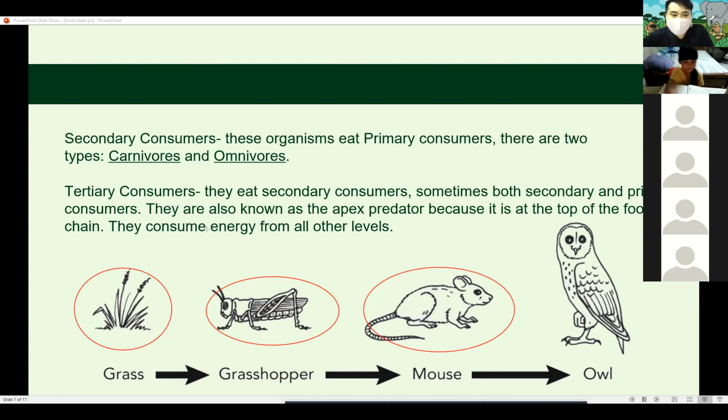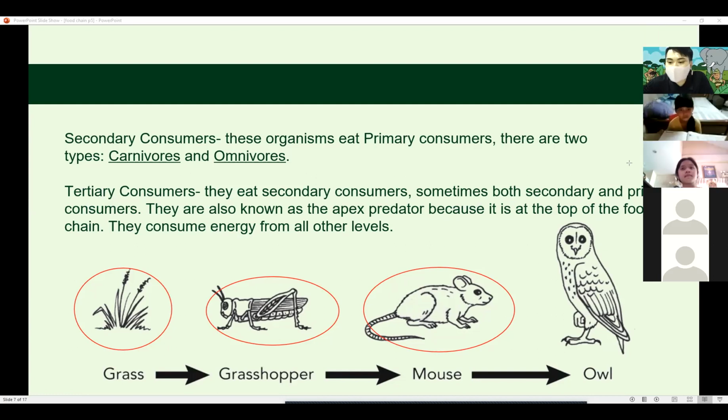Yes. Okay. Now, let's go to tertiary consumers. Tertiary consumers, they eat secondary consumers. Sometimes they eat both secondary and primary consumers. They are also known as the apex predator because it is at the top of the food chain. They consume energy from all other levels.